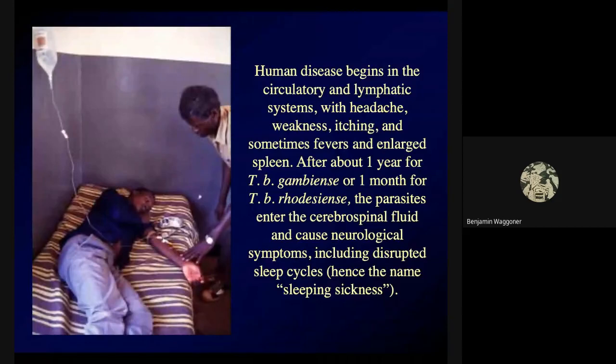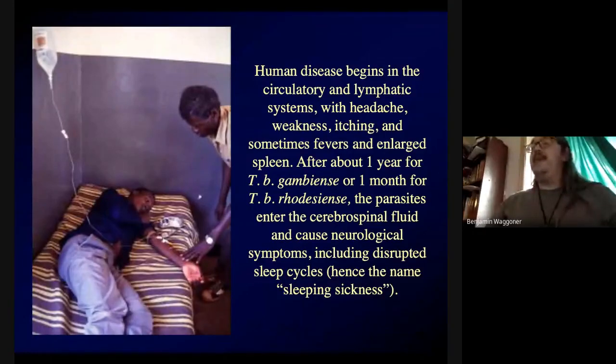It comes and goes. Your spleen may enlarge, joint pain, itching, and these can affect you for about a year. If it's gambiense, if it's rhodesiense, it might be only a month.